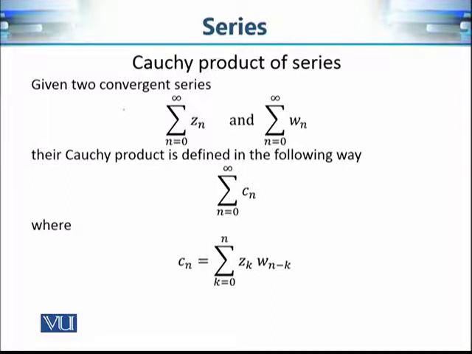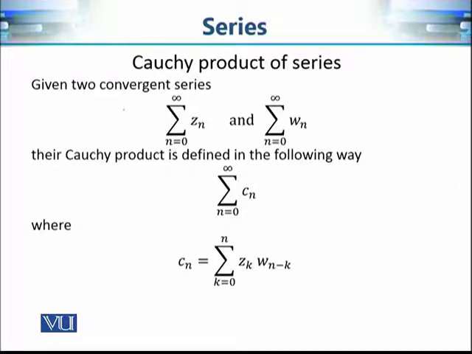So Cn is basically the sum over k equal to 0 to n of zk multiplied by wn minus k. Now it seems very complex, but we will see in our next discussion that this is a very natural and simple way of defining the product of two series.